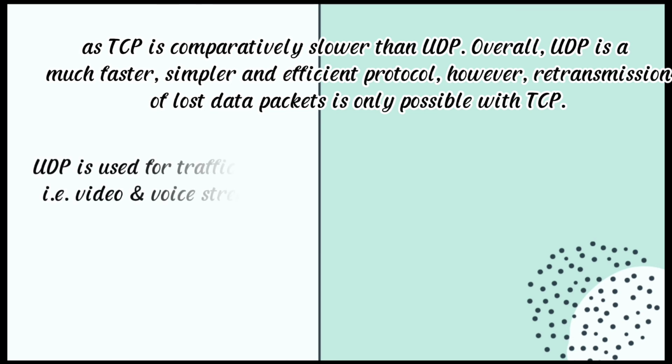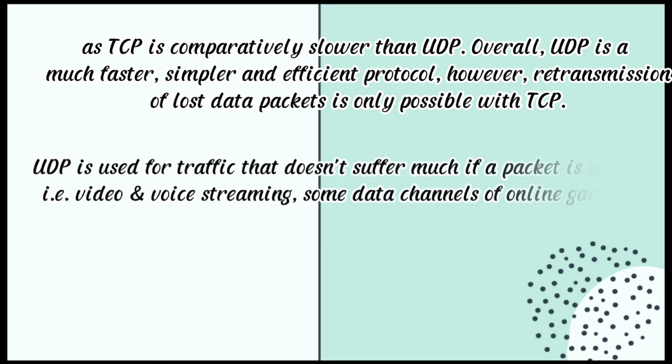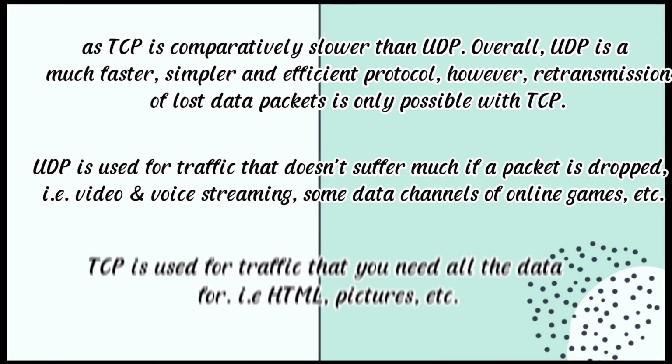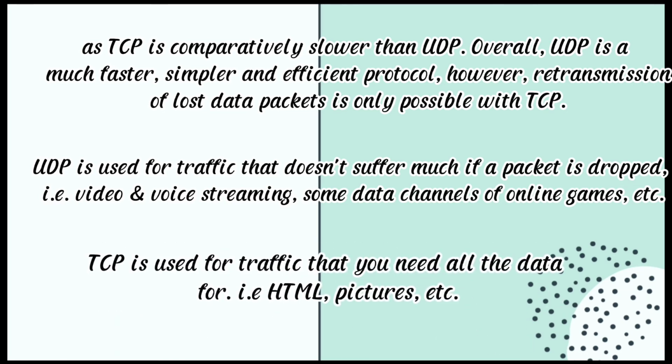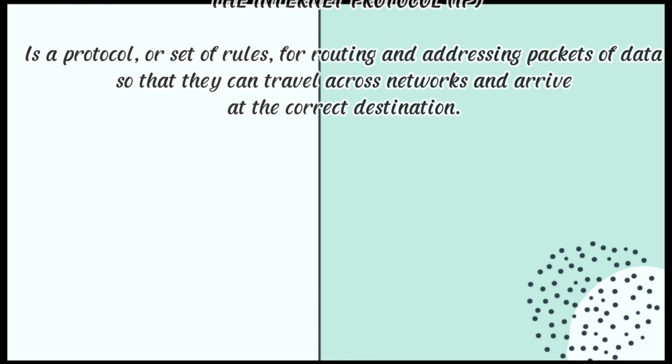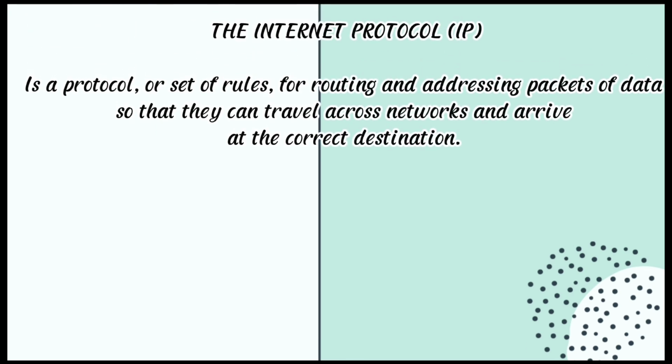UDP is used for traffic that doesn't suffer much if a packet is dropped, that is video and voice streaming, some data channels of online games, etc. TCP is used for traffic that you need all the data for, i.e. HTML, pictures, etc.